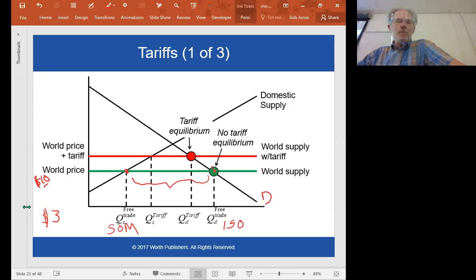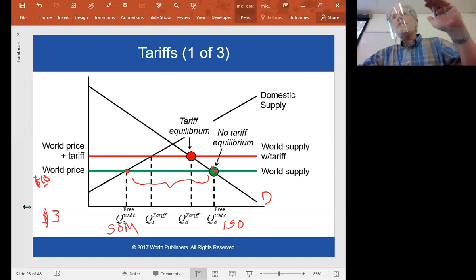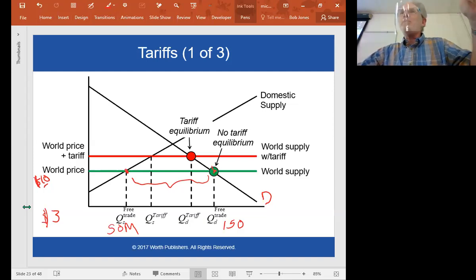And we'll go back to chapter 6 where we talked about taxes. When you impose a tax on a product, that is adding to the cost of producing and selling it. And so a $3 tax will shift the supply curve up by $3.